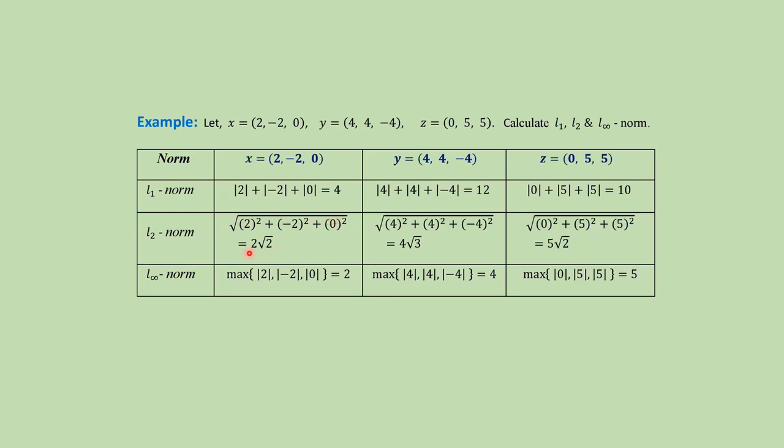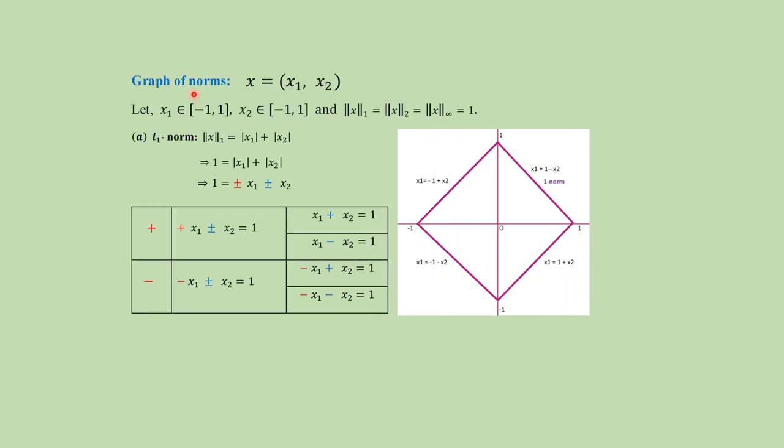We got the answer as 2 square root of 2. Similarly, for vector y, we got 4 square root of 3 and for vector z, we got 5 square root of 2. To find the L infinity norm, first we take the absolute value of each component, then take its maximum. So the maximum of 2, 2 and 0 is 2. Similarly, for vector y, we take the absolute value of each component and take its maximum. We got 4.